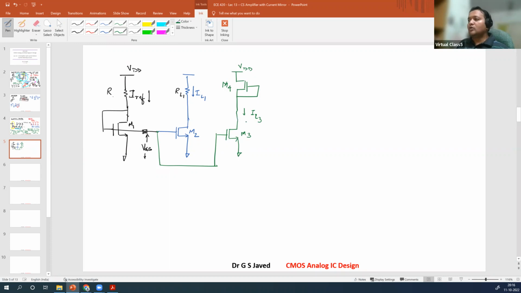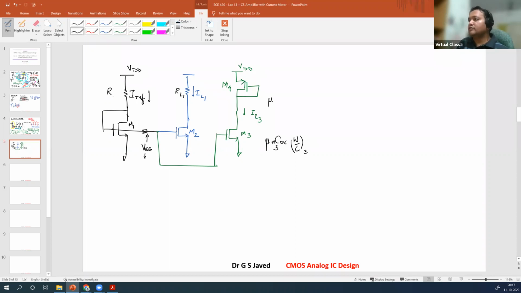Right? So now what is the ratio that you are observing here? We said this is mu n Cox W over L for 3, mu n Cox W over L 3. When the same current is now expected to flow through the PMOS device, you need to ensure that this ratio is the same ratio maintained here to exactly get mirror capabilities.